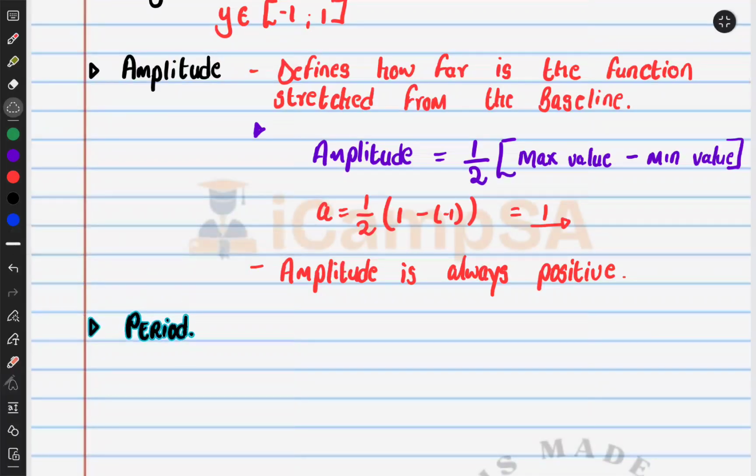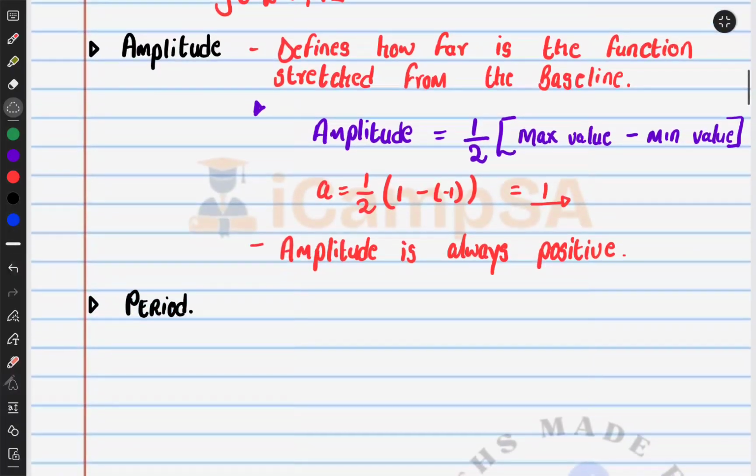And then we have the period next. I've already touched a little bit on the period. I said the period is how long it takes for the function to repeat itself, or to complete each cycle.